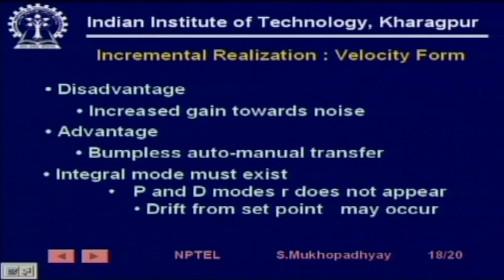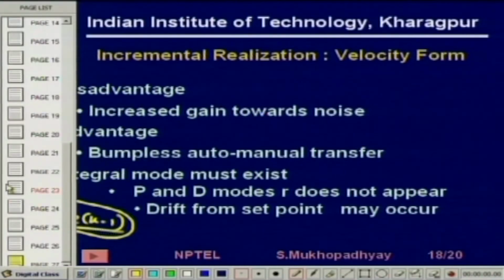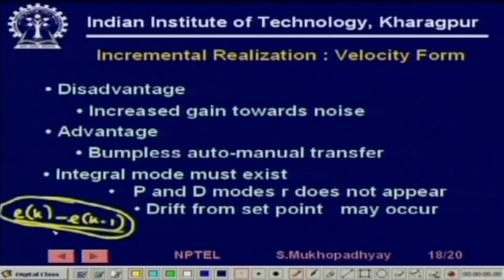Now, there is an interesting phenomenon: generally this mode is implemented in this form when there is a PID controller with an integral mode. Basically, if you see the delta u term, you will find that one component contains Ek minus Ek minus 1, that is the proportional component. Now, in this component the reference input R does not appear, because Ek is equal to Rk minus Yk.